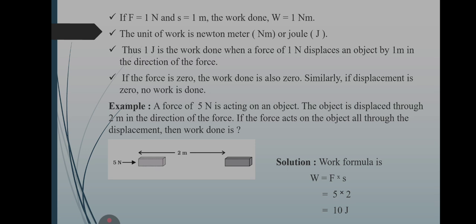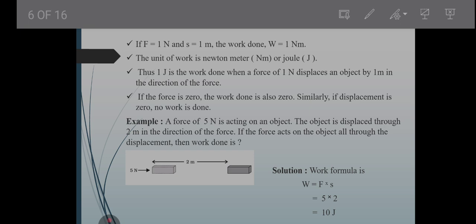One object is there, and we apply 5 Newton force on it, and after applying the force, the object is displaced 2 meter in the direction of the applied force. Then they ask, what is the work done W here?